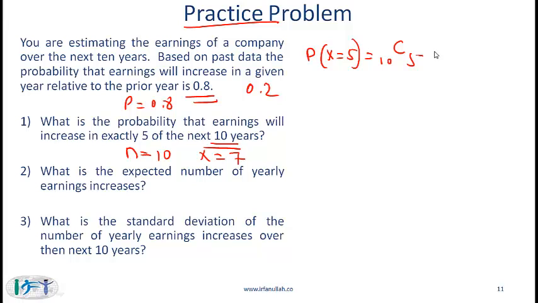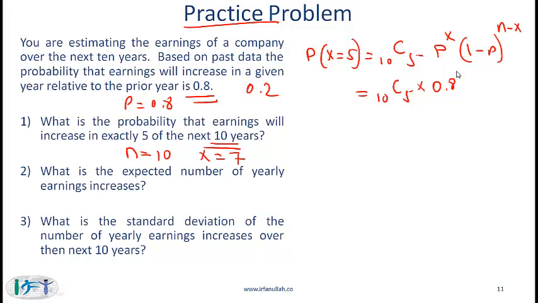10c5 into probability of success raised to the power of number of successes, probability of failure raised to the power of number of failures, which is n minus x. And then plugging in, 10c5 we can calculate. Let me just write 10c5 again, multiplied by p, which is 0.8 to the power of x.